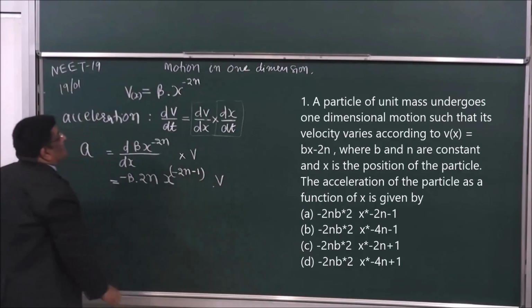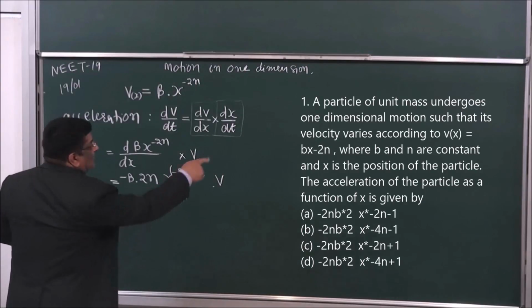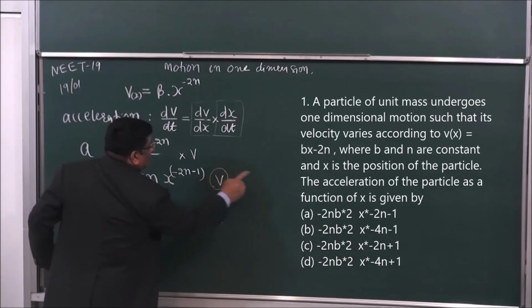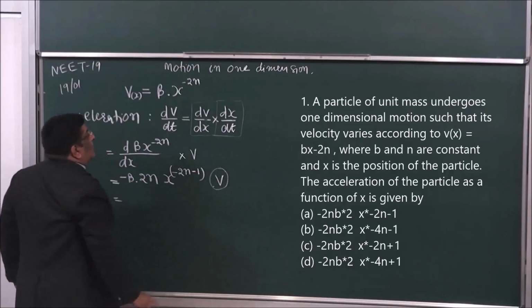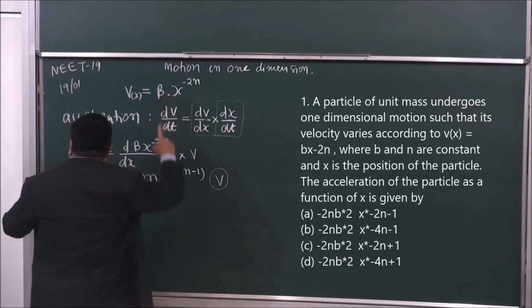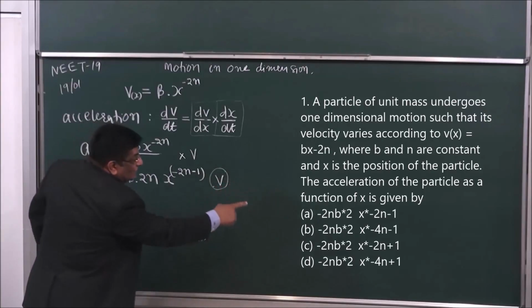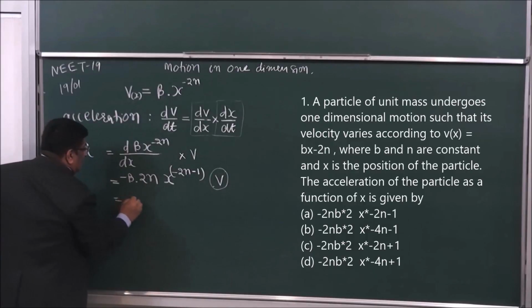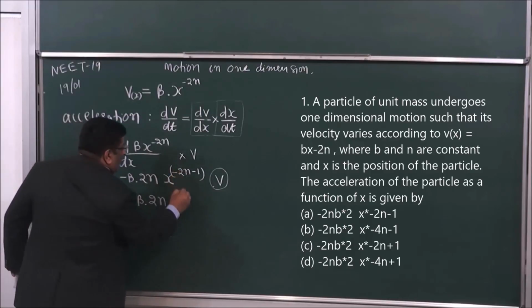Now we will check the answers, whether answers are given in this form. No, v is not given. So what should we do? The quantities given are beta, x and n, so we will convert this. So this is minus beta 2n x to the power minus, take out, 2n plus 1 into v.